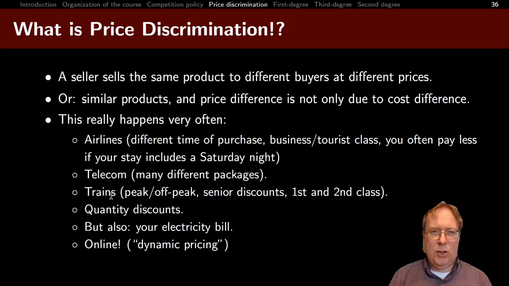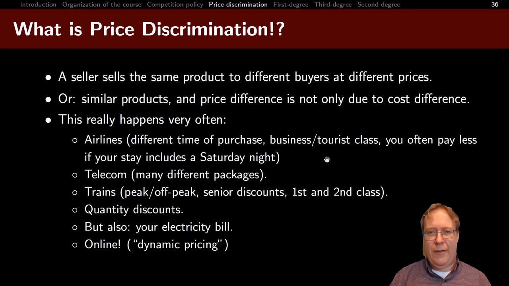Trains are a good example as well. If you go online to the NS app in advance, then you may get a better price. If you travel in off-peak periods, or if you are an elderly citizen, you will get a senior citizen discount. There's first and second class. They are not exactly identical, but the price difference between those two is much bigger than the cost difference for the railway company.